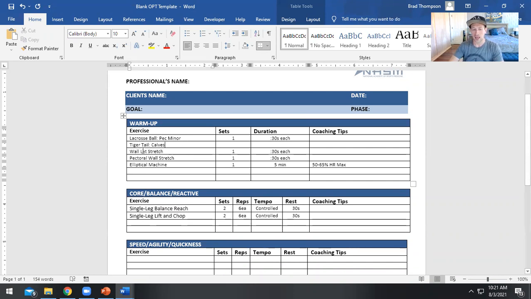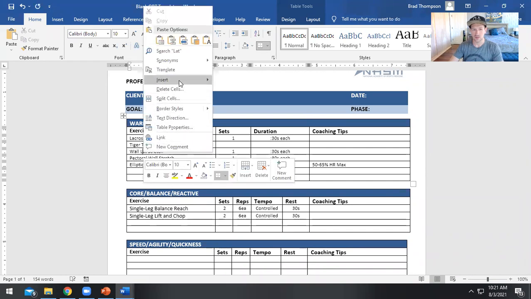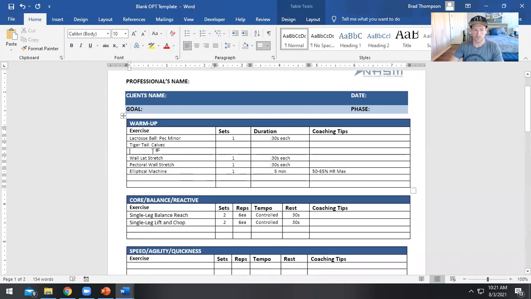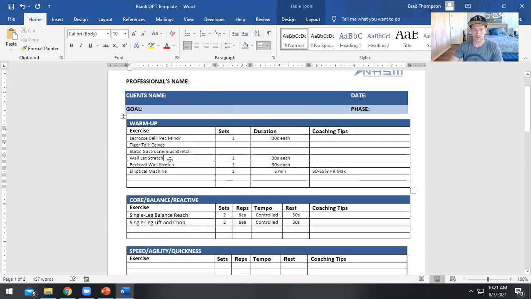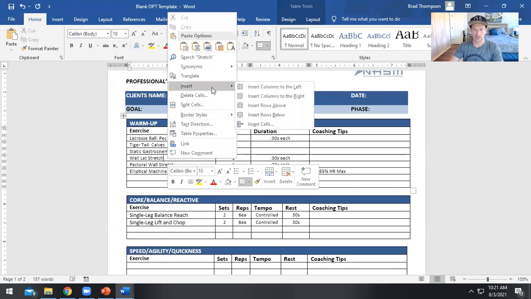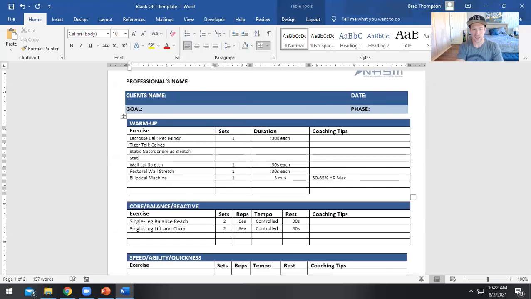And then we do that static gastrocnemius stretch. And then we do that static soleus stretch. 1 set of everything, 30 seconds each.